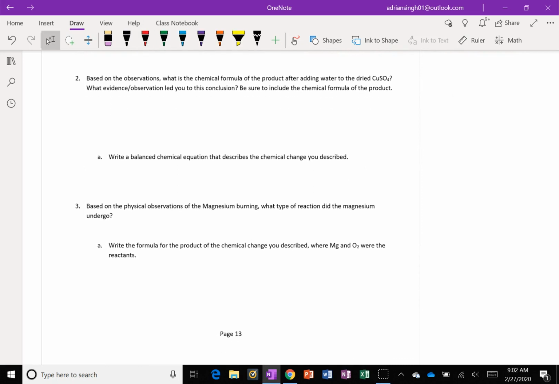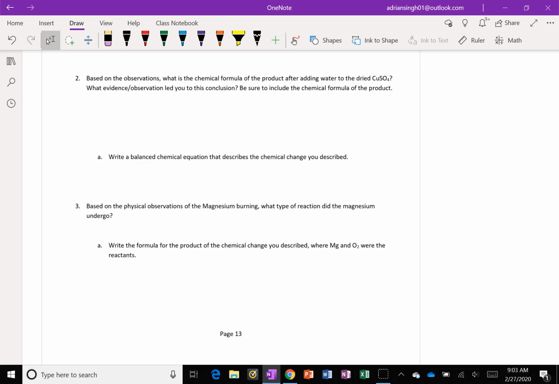So after you heated your sample and you weighed it, then afterwards you added some water to it, right? So think about what you actually observed in that reaction when you added the water back to the solid. You probably saw that the color changed and it looked really similar to what you actually started with, right? So you want to process that in terms of the identity of that substance that you created at the end.